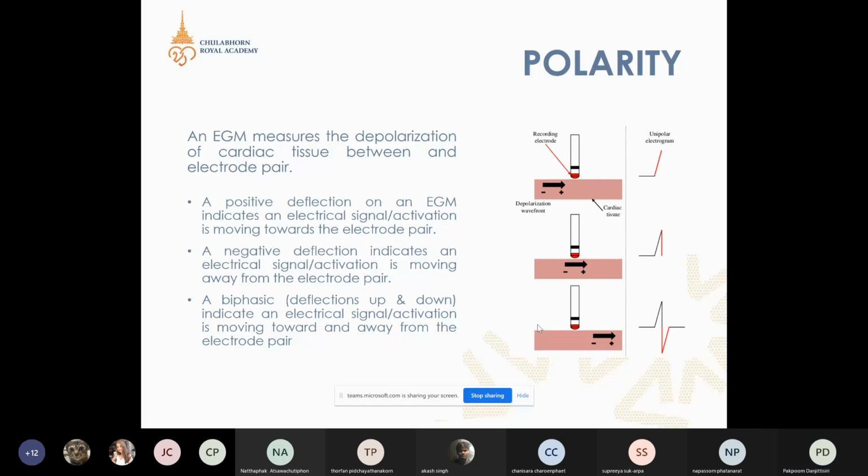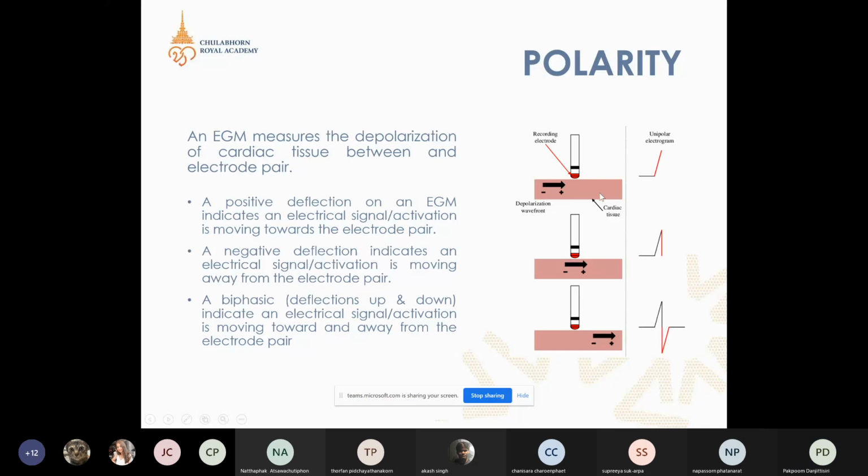So if an electrical signal or activation is moving towards the electrode pair, it will cause a positive deflection on an electrogram, just like this.